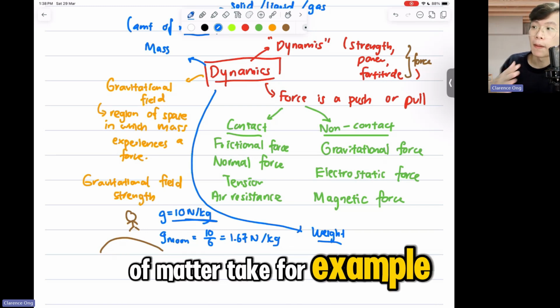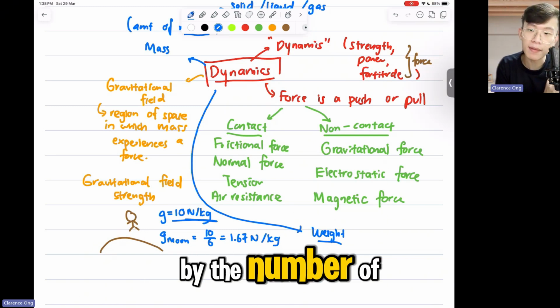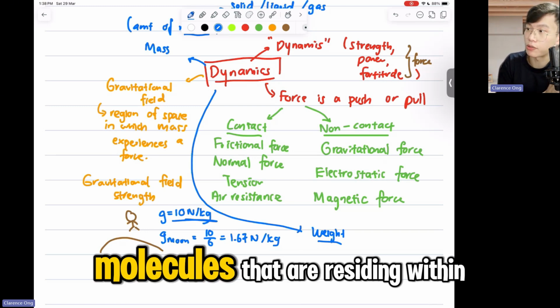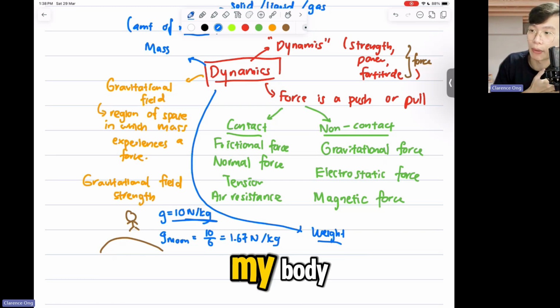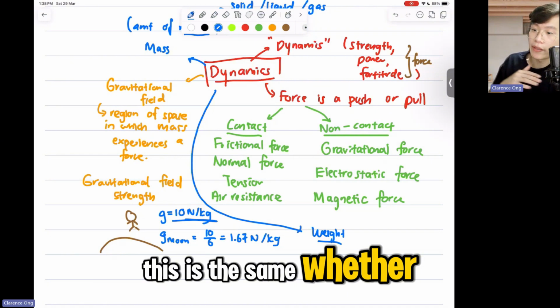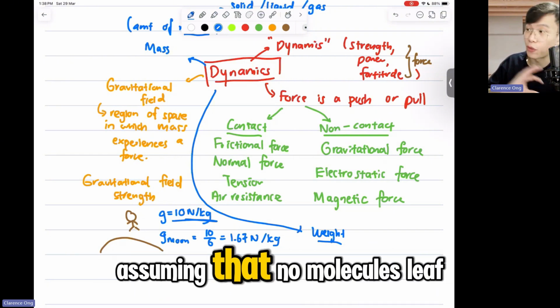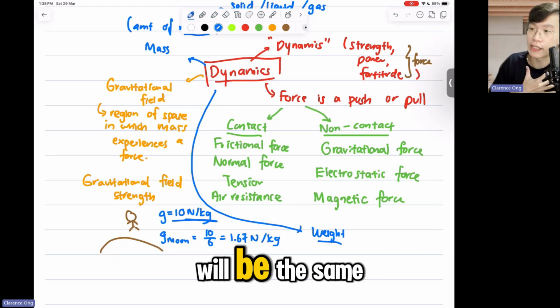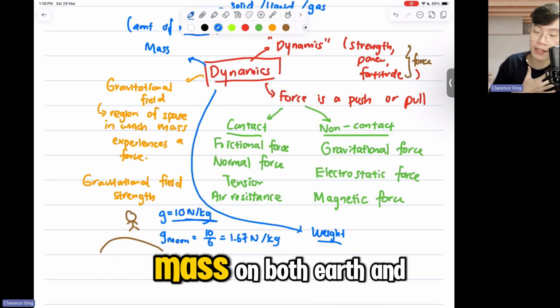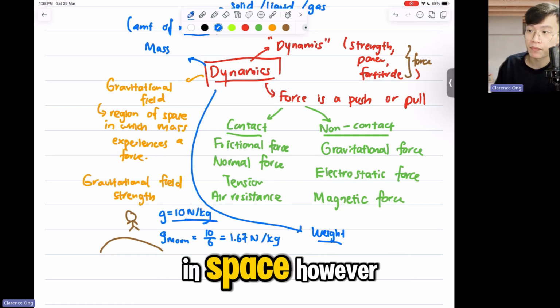Take for example, me, my mass is determined by the number of molecules that are residing within my body. This is the same whether I'm on Earth or I'm in space. The number of molecules, assuming that no molecules leave, will be the same. So I have the same mass on both Earth and in space.